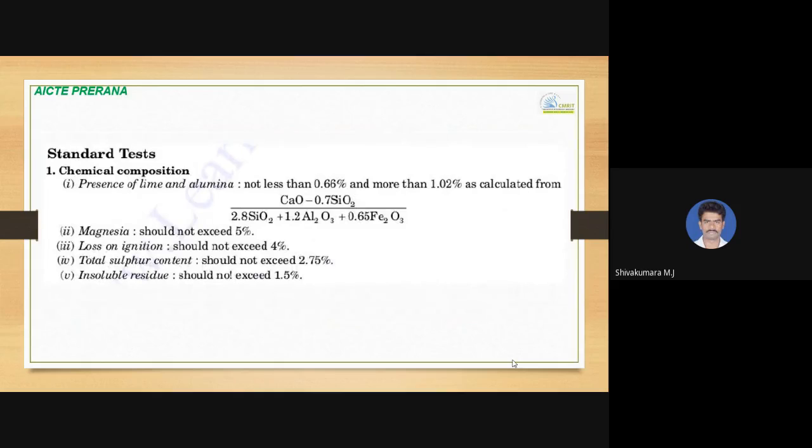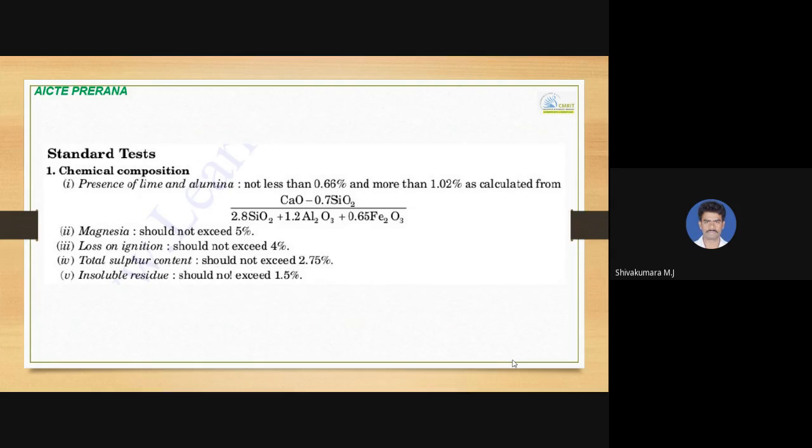Some of the standard tests when it comes to chemical composition of cement: the ratio of lime to alumina should not be less than 0.66 and not more than 1.02, as calculated using this formula, which is shown.